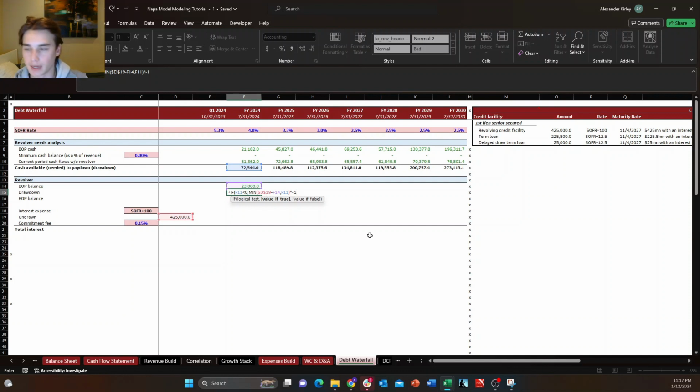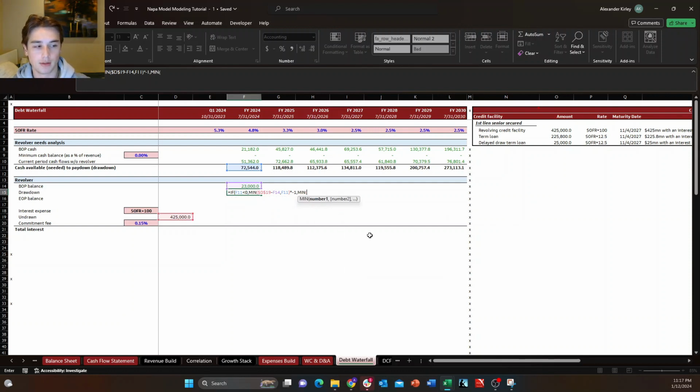Now on the other side, we want to see if that cash is positive and we have cash available, we want to start repaying this, or we want it to return 0. So the whole idea here is going to take a min function.